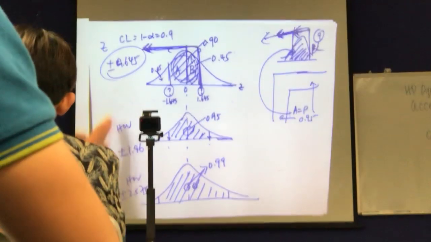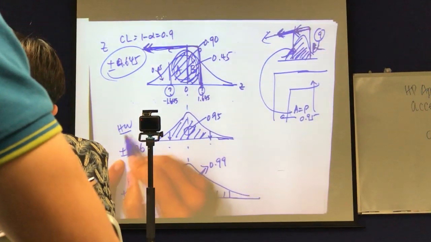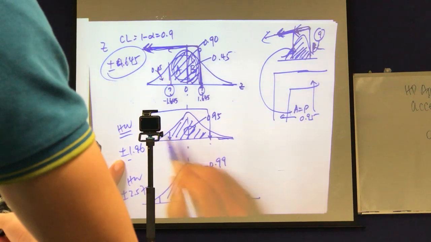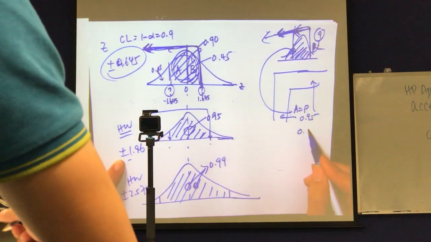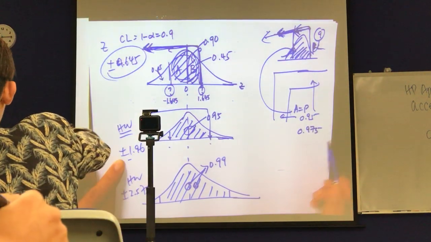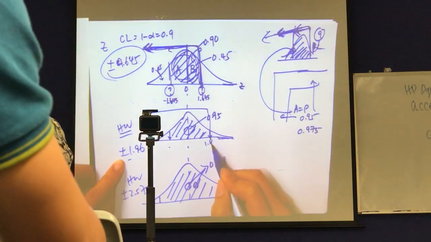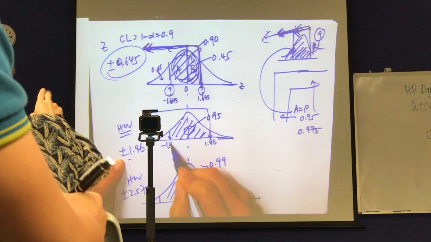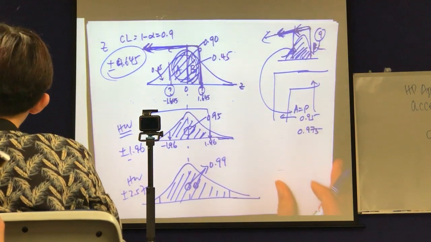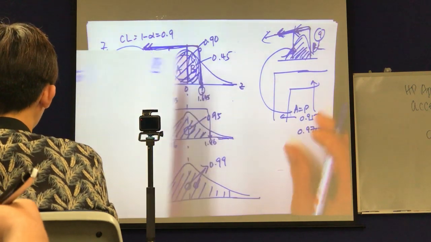The same thing applies over here. Check it out from homework. As a homework, this whole area is 0.975. And then you can find out this is 1.96, minus 1.96. So back to this one.